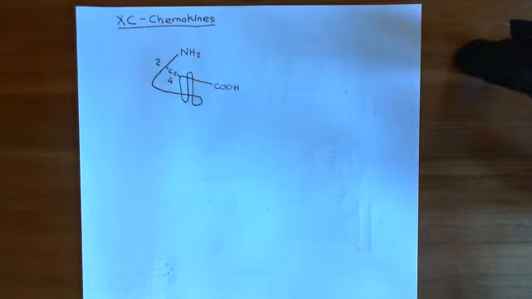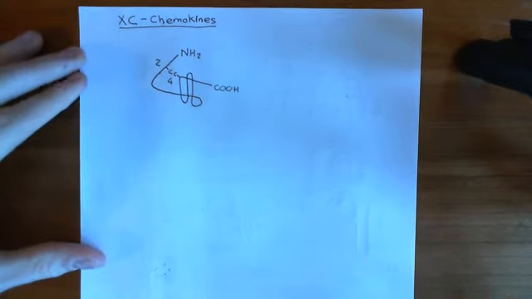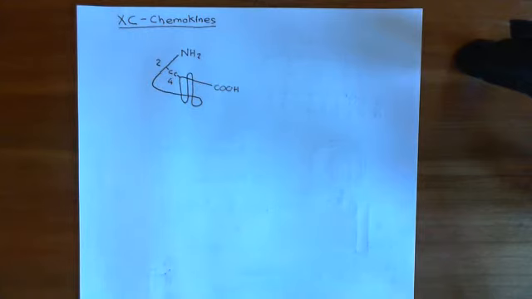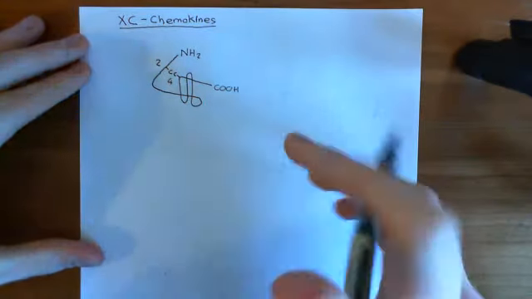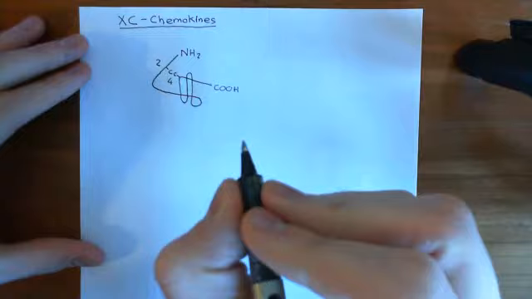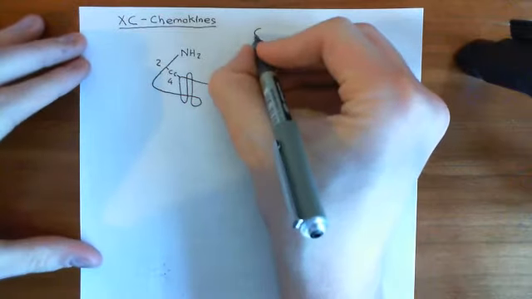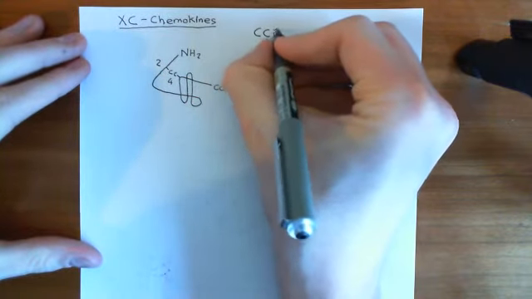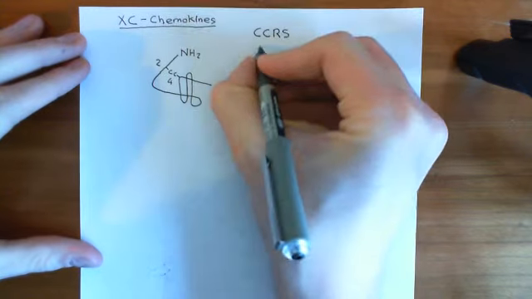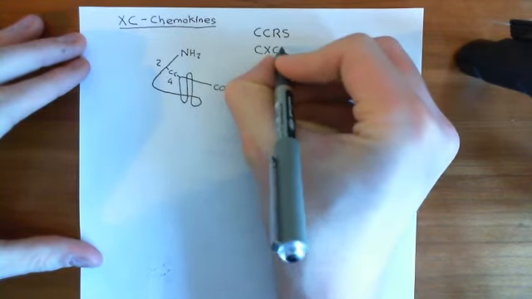Right, so let's now talk about chemokine receptors. Chemokine receptors usually come in the family of rhodopsin G protein coupled receptors. The 2 chemokine receptors that we are specifically interested in are CCR5 and CXCR4.